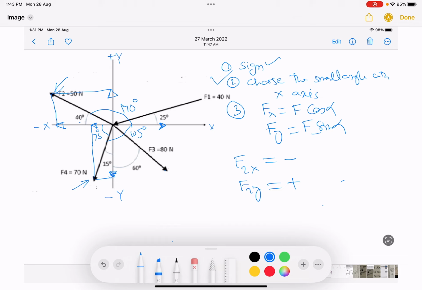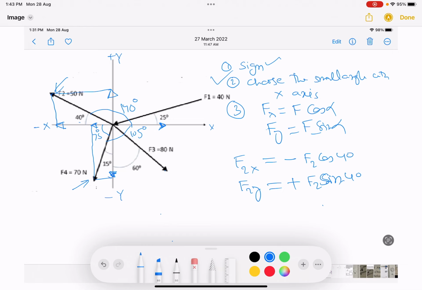So you will consider the smaller angle, that is 40, and F2x is the magnitude into cos of that smaller angle. So it is F2 cos of 40 degrees. You are not going to choose 140 because that is not the smaller angle. Similarly, for the y-axis you will write F2 into sine of 40. That's it, right?